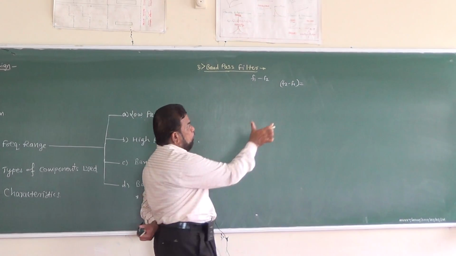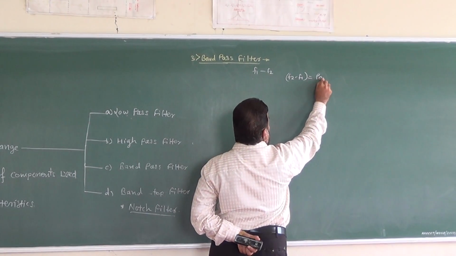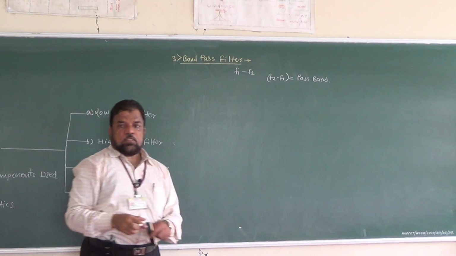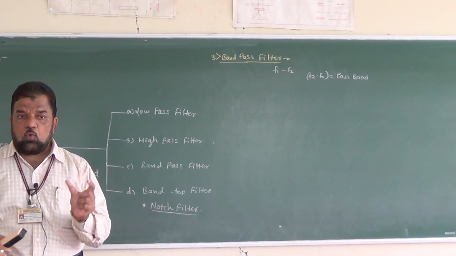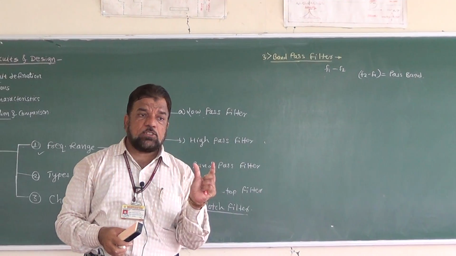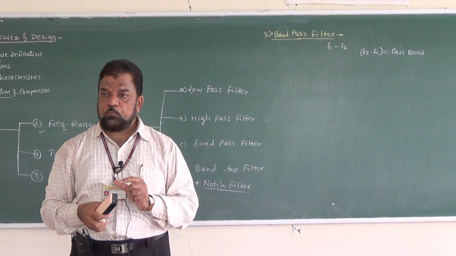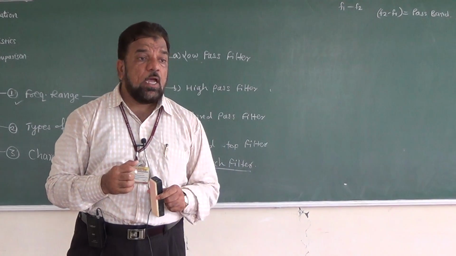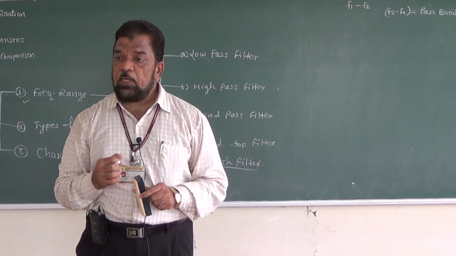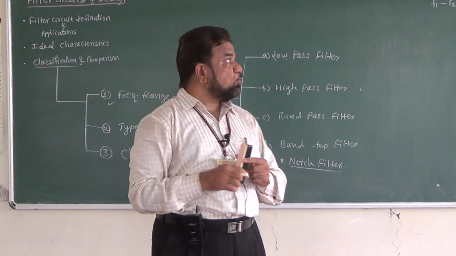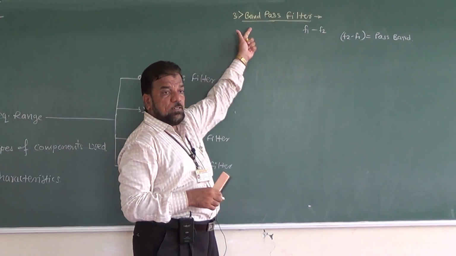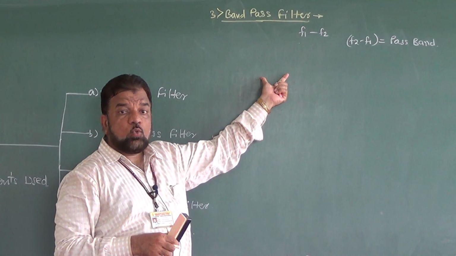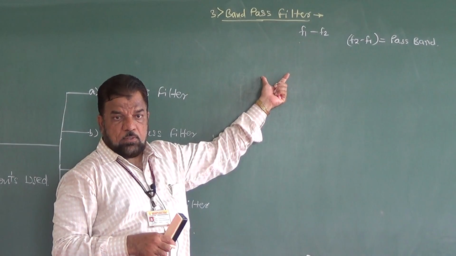Corresponding to F2 minus F1, I am having pass band. That means I am interested only in the frequency range F2 minus F1. In other words, outside this range there must be attenuation, there must be rejection. That means for this band pass filter you have one pass band whereas you have two stop bands.